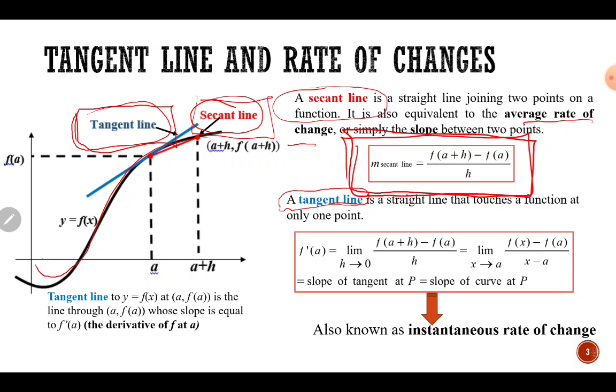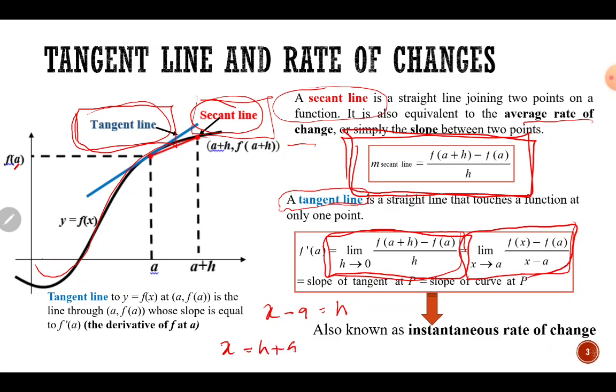So the slope of a tangent line is given by this formula: limit of f(a+h) minus f(a) over h, or you may use the second one, which is also the same, because x minus a equals h, or x equals h plus a. H plus a ni maknanya is another point. Nampak ini?